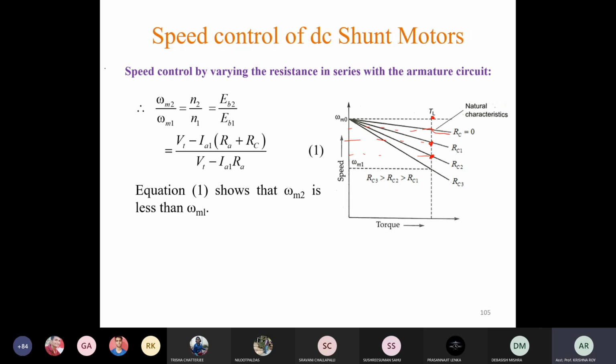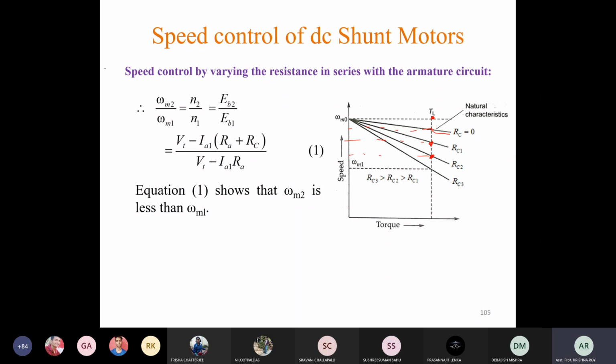In this way, we can control the speed of a DC motor by varying the resistance connected in series with the armature circuit, and by this method also we cannot increase the speed above base speed.